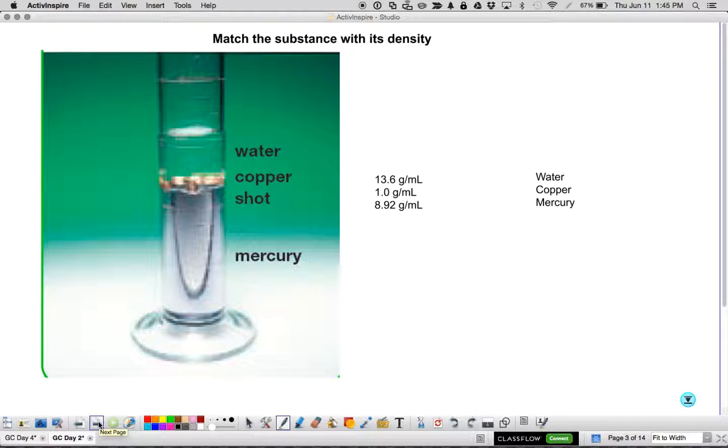All right, so here's kind of an interesting example. Match the substance with its density, okay? Well, here is a bunch of silvery liquid, which is labeled mercury. And then there's some pellets here that's called copper shot. And then there's water. One of the things that you'll immediately notice is that water is actually on top and everything else is below.